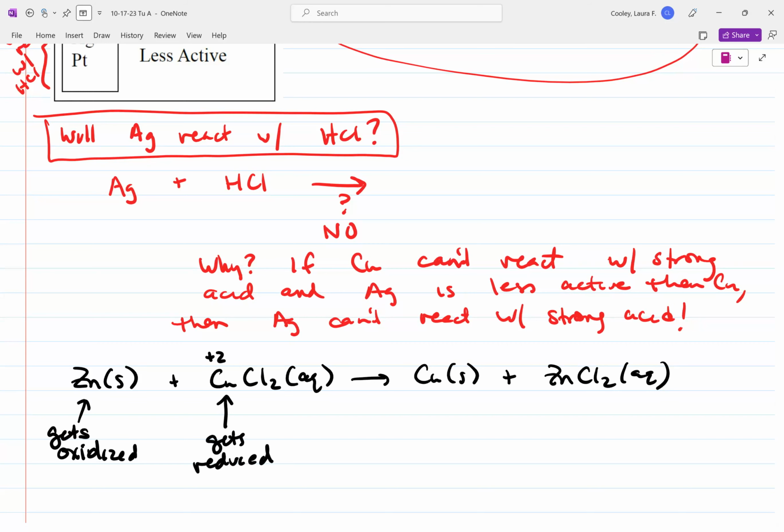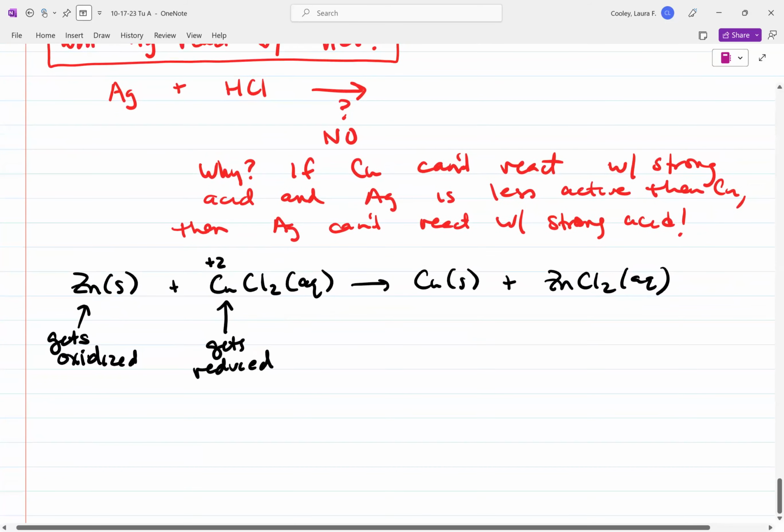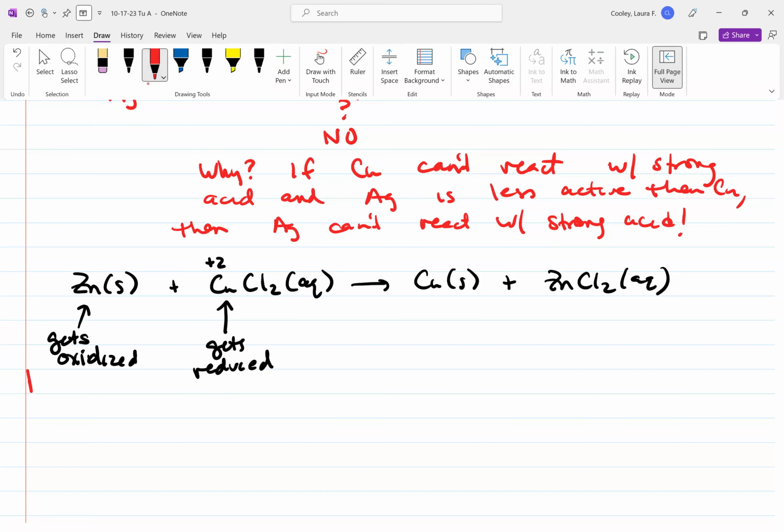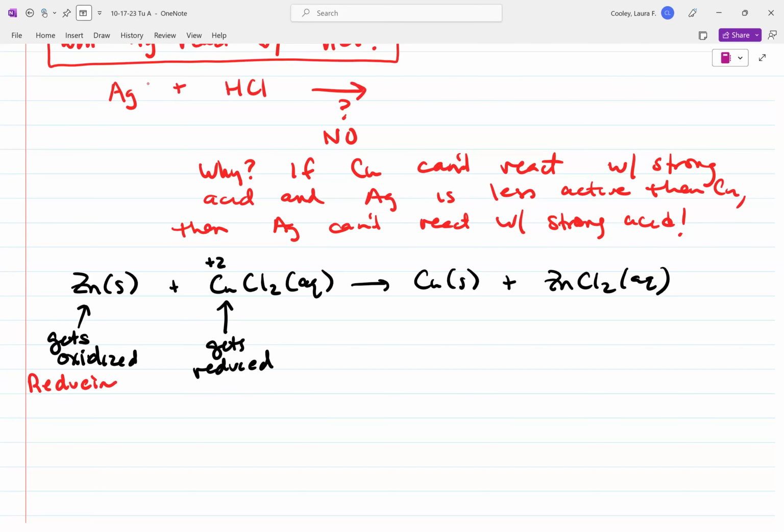So here's another little bit of terminology. The chemical that gets oxidized is responsible for causing the other chemical to get reduced. So the thing that gets oxidized, we call the reducing agent. The thing that gets reduced causes the other thing to get oxidized, so we call it the oxidizing agent. Okay, so it's always that way.